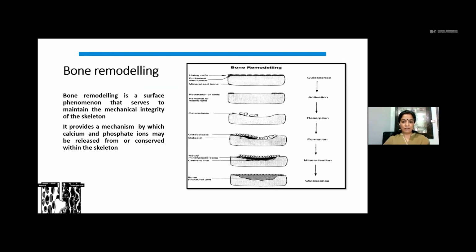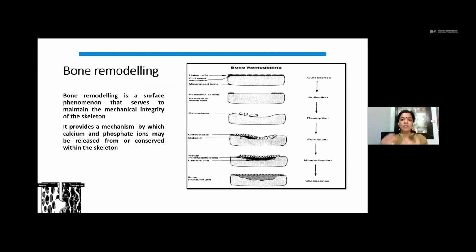This is bone remodeling, and it's a very important mechanism. It occurs in day-to-day life, and depends on the condition of our body. It is a surface phenomenon that helps to maintain the integrity of the bone.